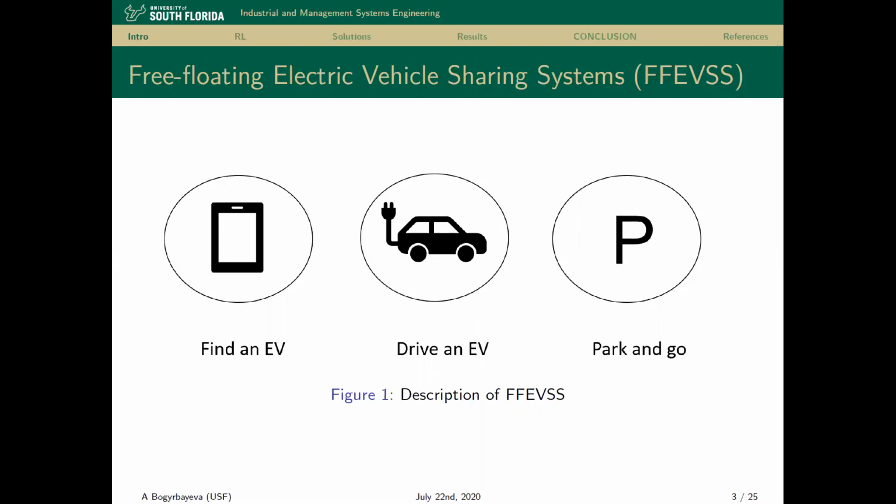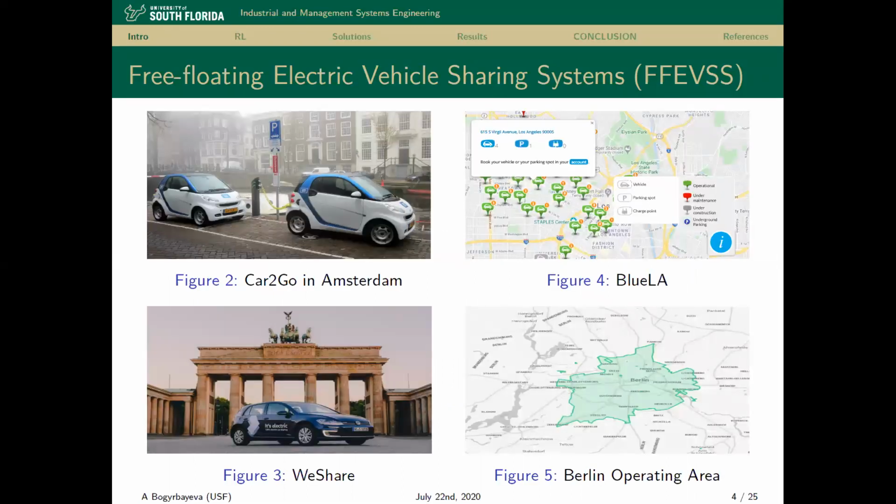So let's look at some examples. There's Car2Go. I think here it's in Amsterdam, but it used to work in the United States as well. It does not work anymore. WeShare still operates in Berlin. And there's a similar program offered by BlueLA in Los Angeles, but it's a little bit different because they require customers to charge and park in certain locations.